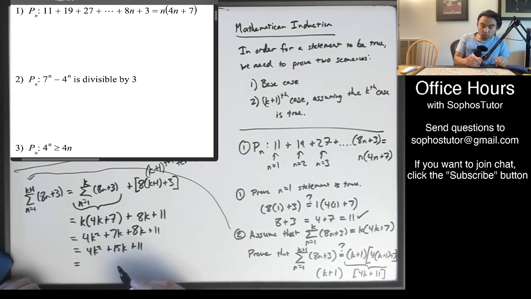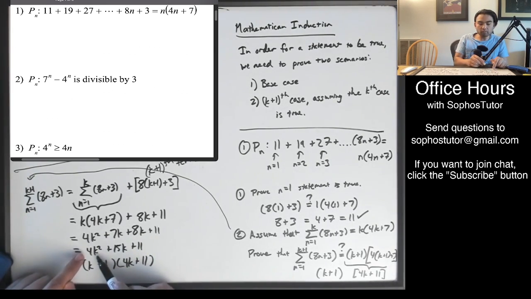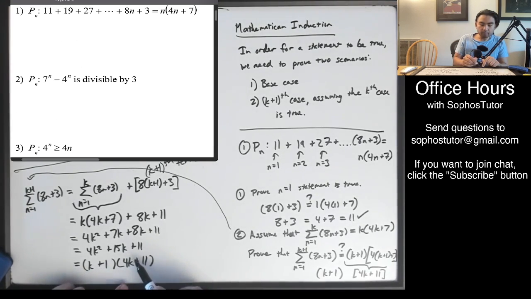Well, this should equal k and 4k, all right? It's saying is this plus 1 and this 11? Let's see if these multiply out. k times 4k is 4k squared. k times 11 is 11k. 4k times 1 is 4k. 4k plus 11k is 15k.